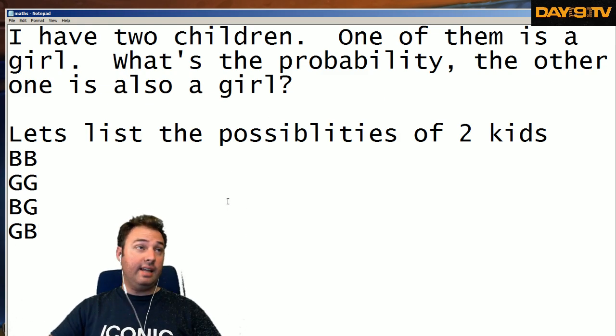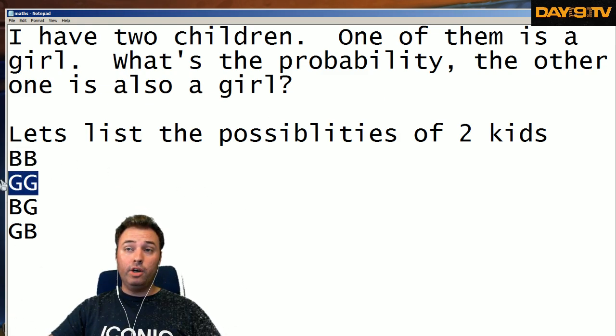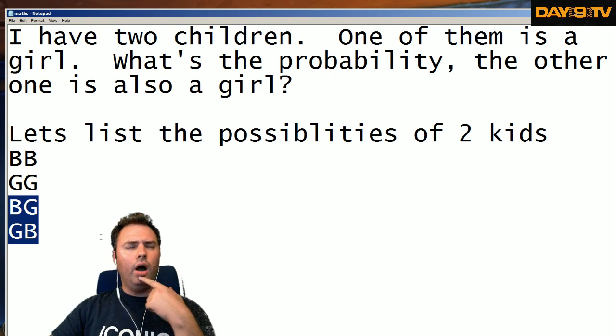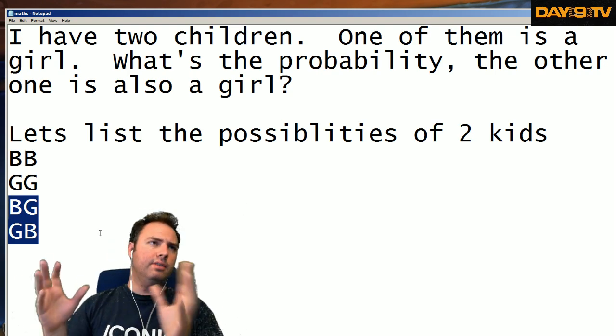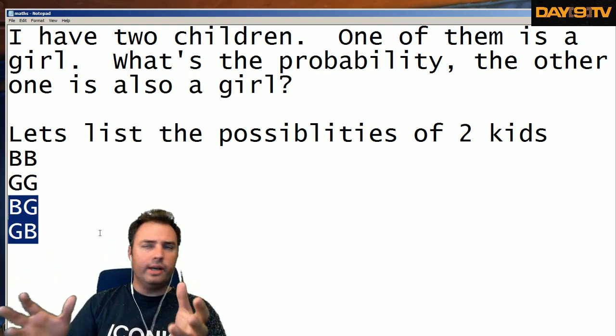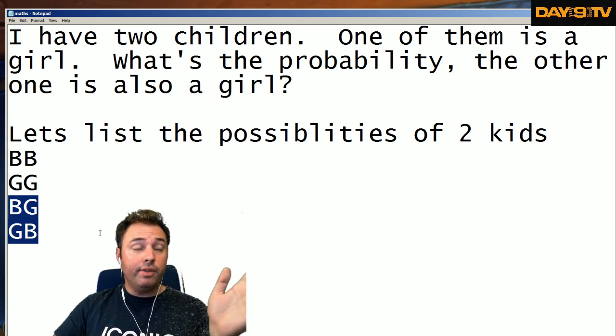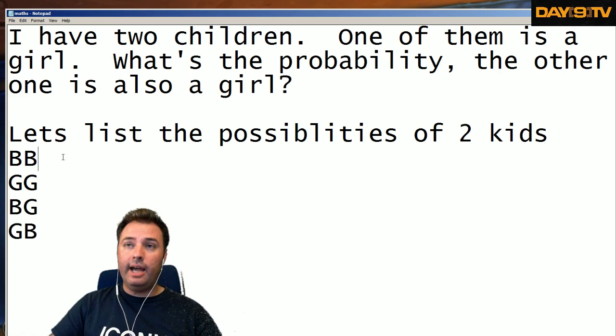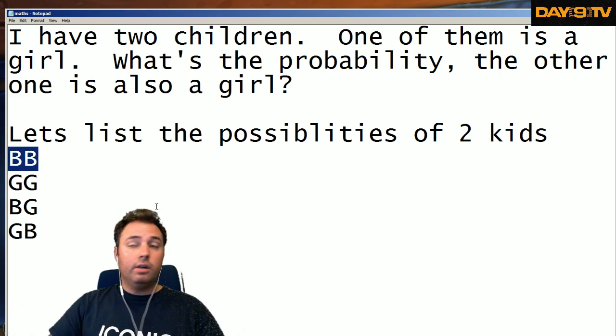The first thing that I want to note is that boy, boy and girl, girl are obviously different. But what about boy, girl and girl, boy? Isn't that the same? This is a very common question. Aren't these the same? No, they're not. And we'll make it a little more clear by saying one of the kids is older.